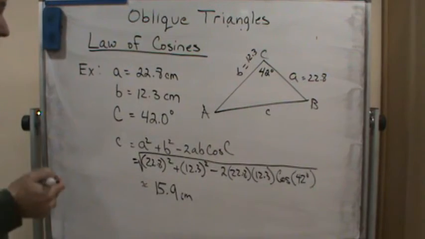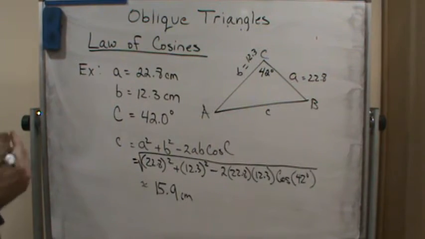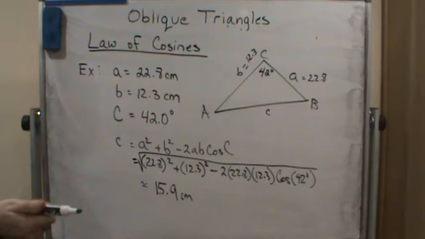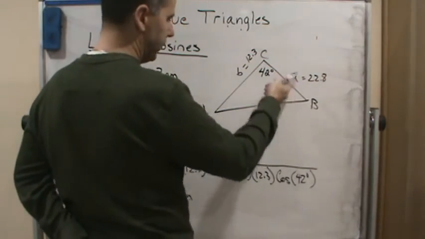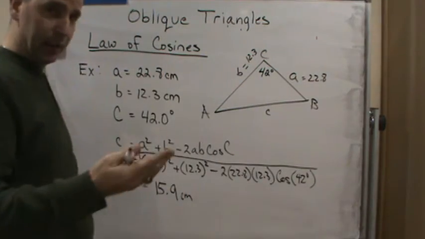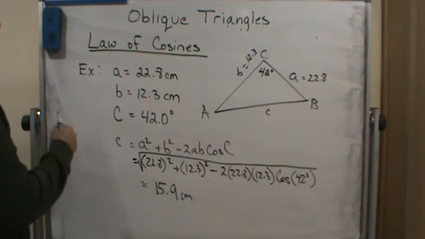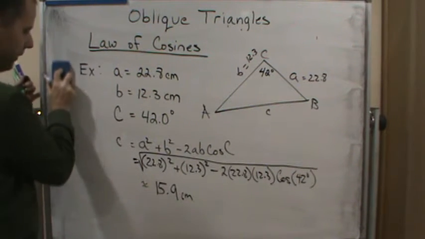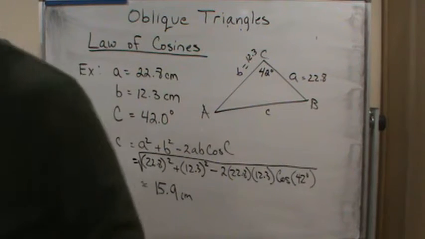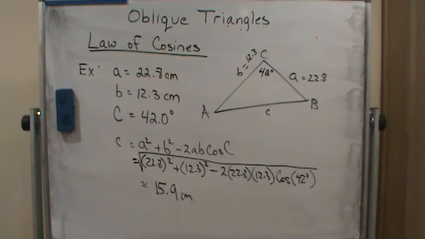Now, at this point, we can use the law of sines. We don't need the law of cosines anymore because now all we have to do is solve for A, and then B, we could just use the fact that the three angles have to add up to 180 degrees. So let's do that. Okay, so let's use the law of sines to solve for that.